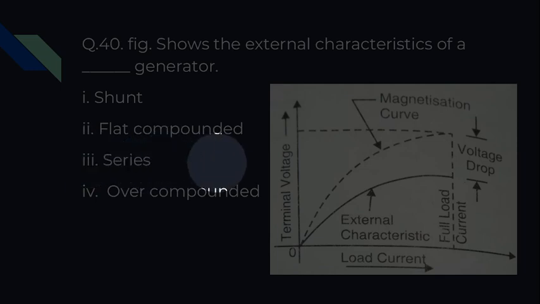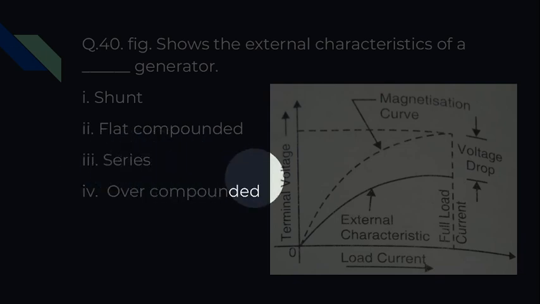I have already shown you the shunt generator characteristics, and the compound generator characteristics were also mentioned, where we have over compound, under compound and flat compound. The only left out option is series. The voltage is going to increase gradually when we increase the load current. So option 3 will be the answer for this question.